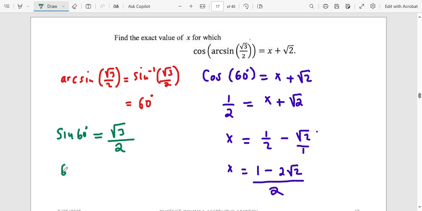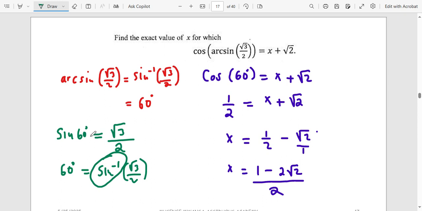So it means that 60 will remain alone. And then you are going to have sine inverse of root 3 over 2. So sine inverse of root 3 over 2 is a 60. But you need to know that sine inverse is the same as arc sine. Where you have got inverse, it's the same as just saying arc.